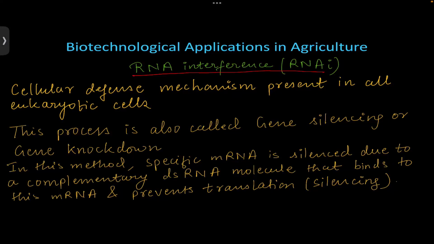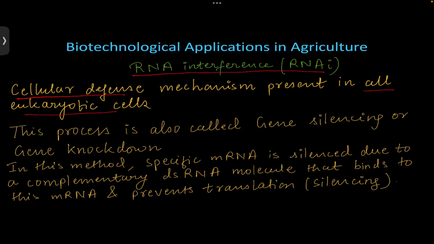Now, this particular mechanism is actually a cellular defense mechanism, meaning cells use it to protect themselves. And it is present in all eukaryotic cells. So it is also present in humans as well. This is a process that acts as a cellular defense mechanism present in all eukaryotic cells.